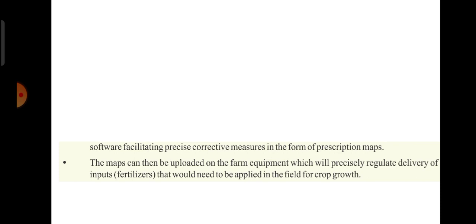So what will happen if the cameras are fixed on drones and these are keeping surveillance on the whole land? They'll take the precise picture of the whole land. The maps can then be uploaded on the farm equipment which will precisely regulate delivery of fertilizers or inputs that would need to be applied in the field of crop growth.